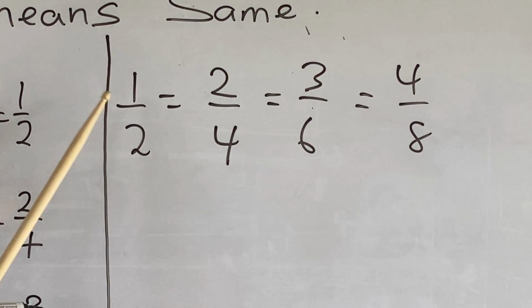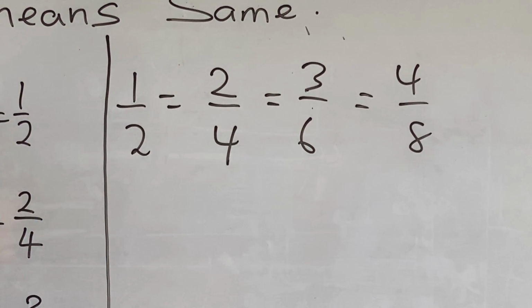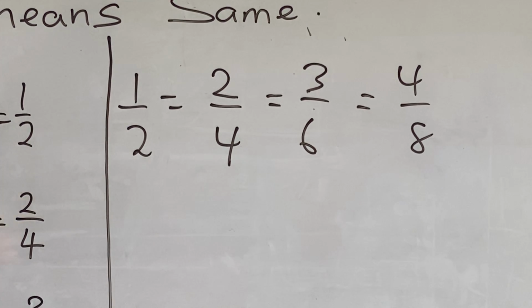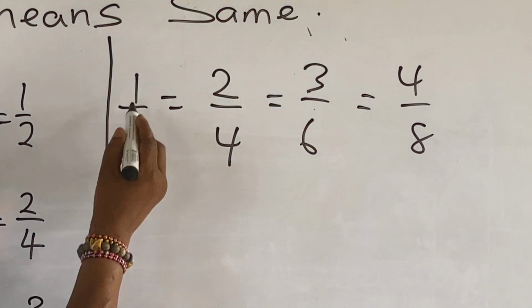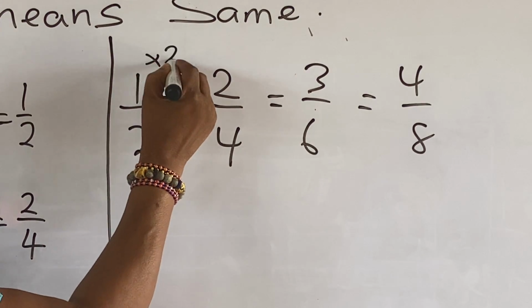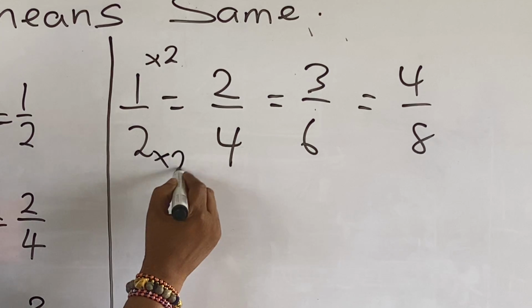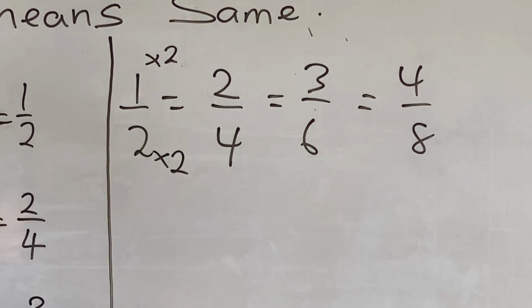The top number is the numerator and the down number is the denominator. Something keeps on repeating itself. If you can see here, in half, the numerator was multiplied by 2 to get 2. And the denominator was multiplied by 2 to get 4.